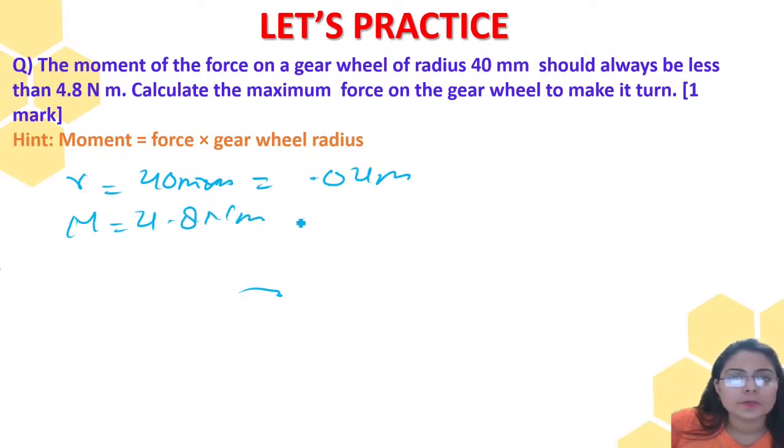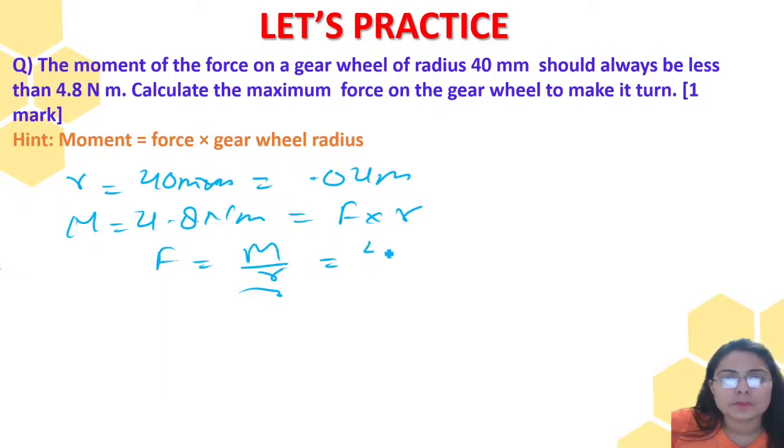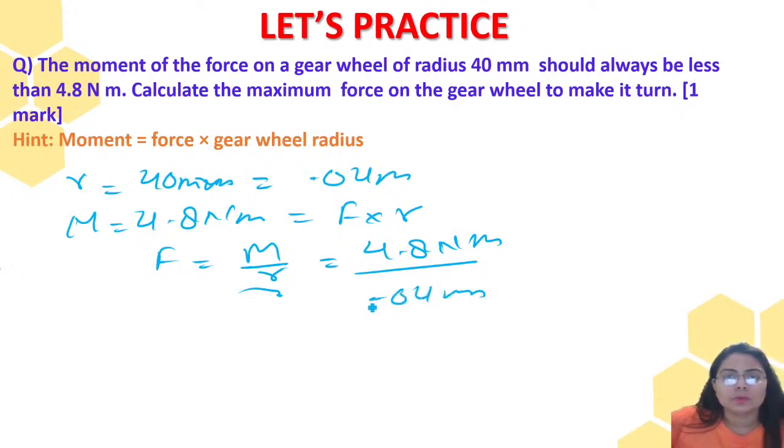We know that the moment of force is equivalent to force into radius, so F will be equivalent to moment upon radius. So what is the moment? Moment is 4.8 Newton meter over 0.04 meter. So we cancel out and I can put 100 over here.